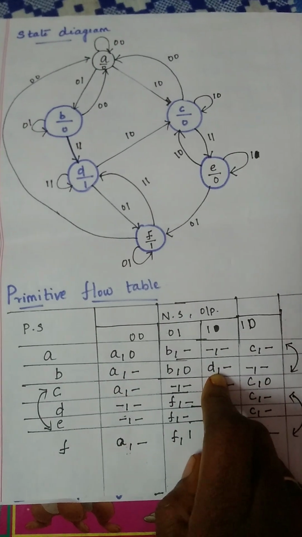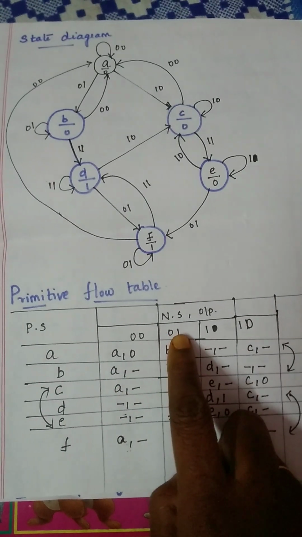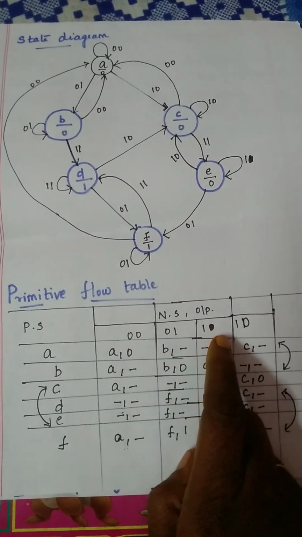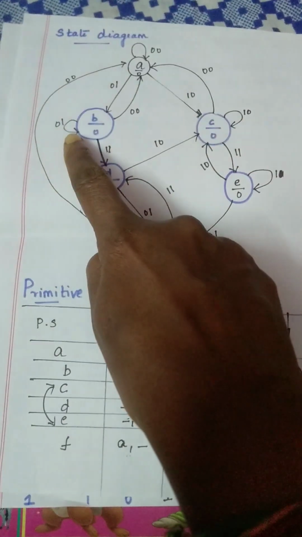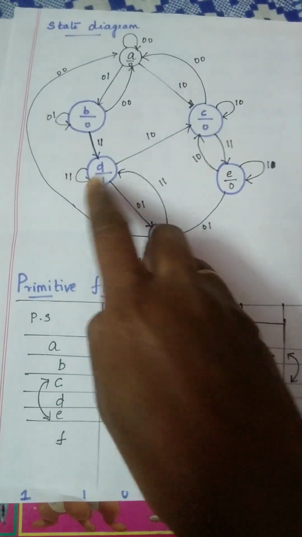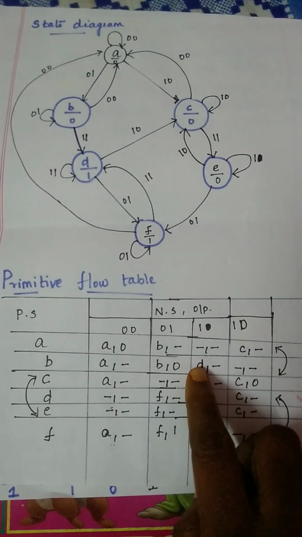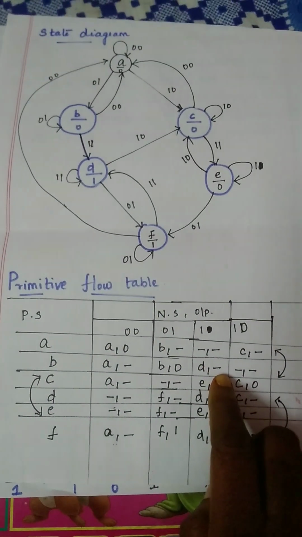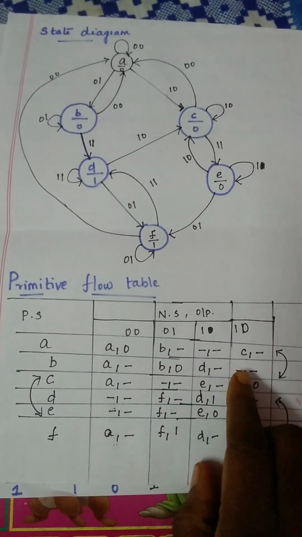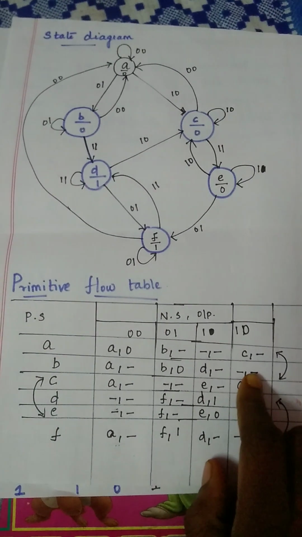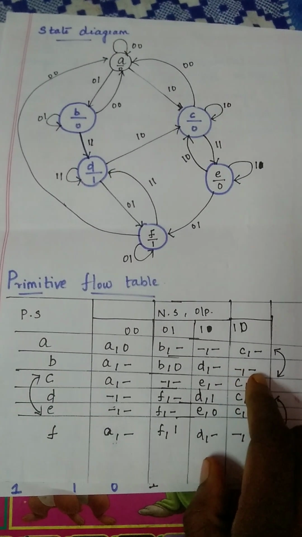The next is 0 1 can change to either 0 0 or 1 1. So from B it is moving to D, and your output is dash. Next 1 0. Your 0 1 can't change to 1 0 state. So this has been represented as dash dash.